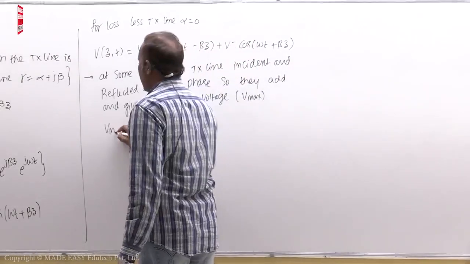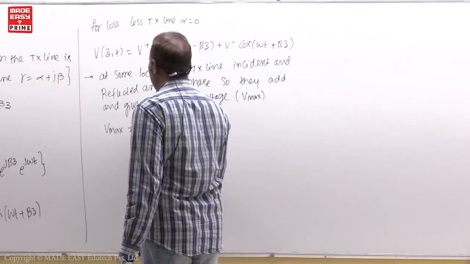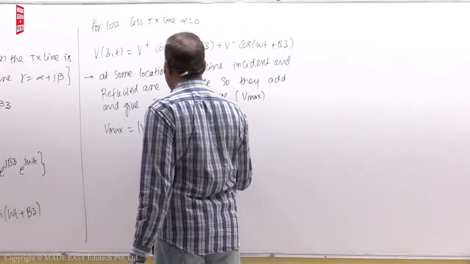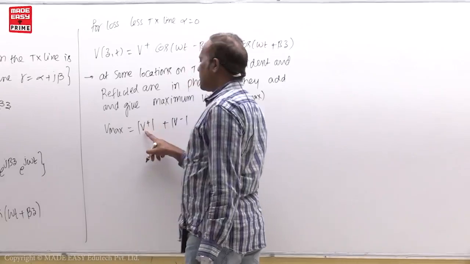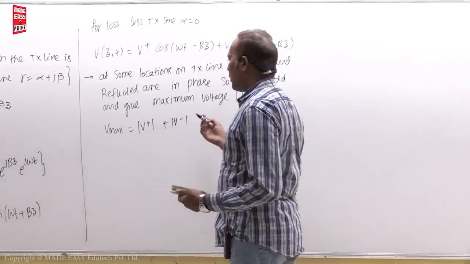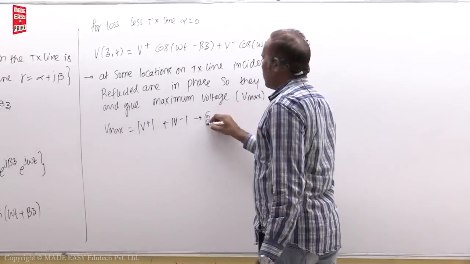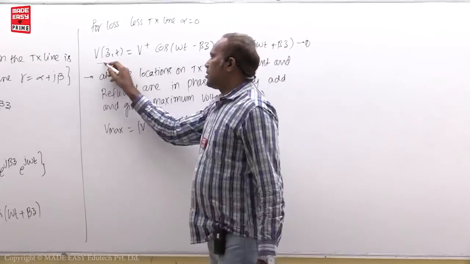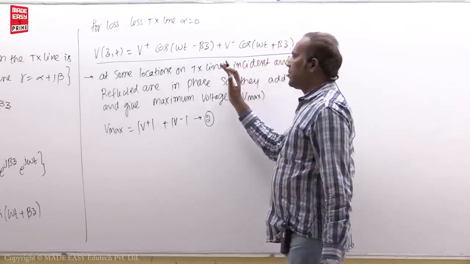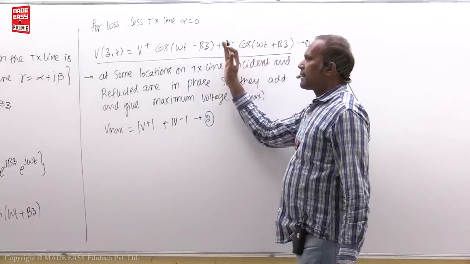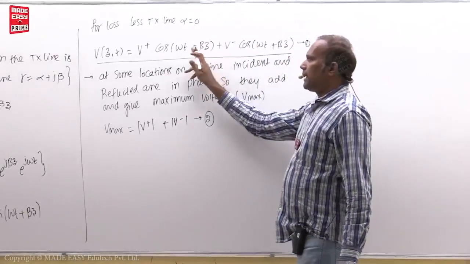That means V maximum is equal to the magnitude of V plus plus the magnitude of V minus, because the modulus is taken. If there is a minus sign inside, you have to remove it and add. So this is equation number 2. This is actually, student, the total voltage equation on the transmission line at distance z, in terms of distance and time.